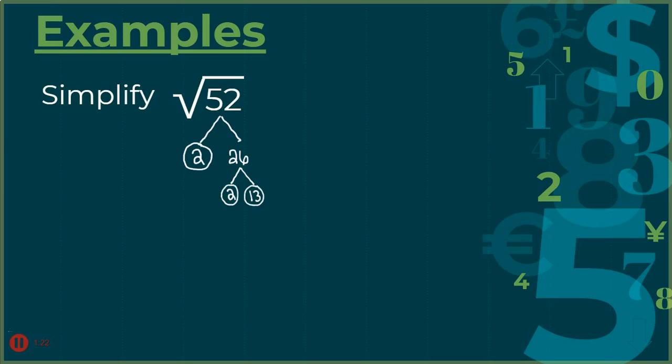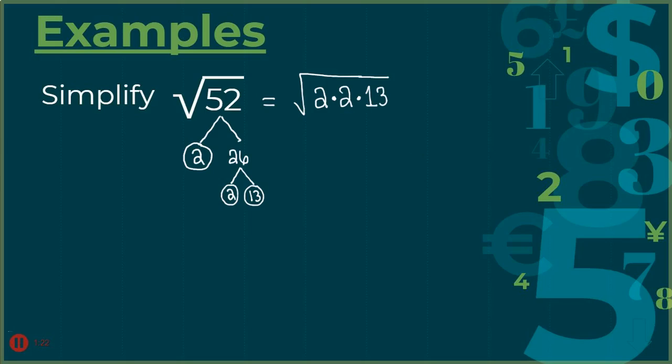Since all of my ends are now prime, I can rewrite 52 as 2 times 2 times 13. So all of those ends that I circled, if I multiply those together, it will give me 52.